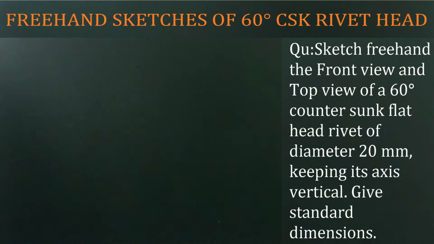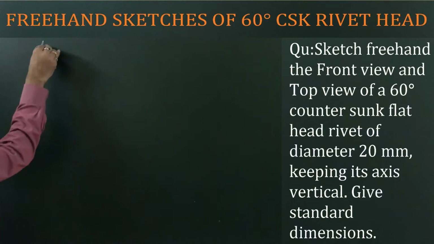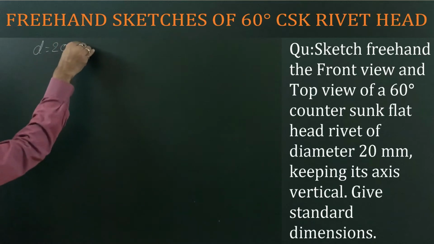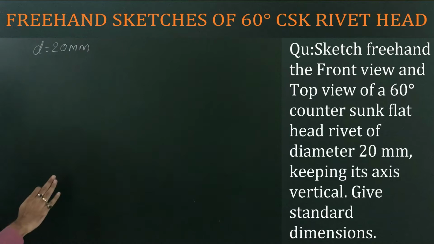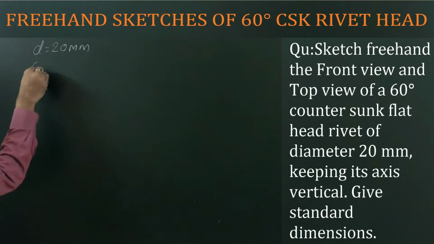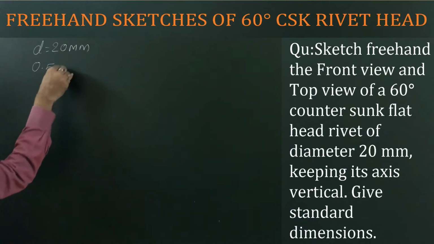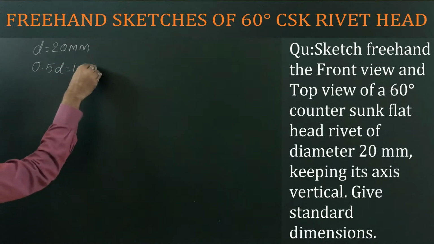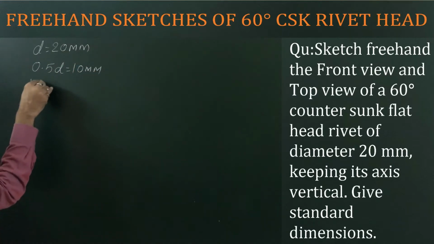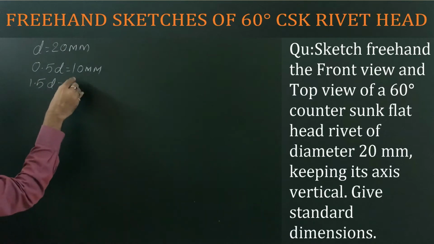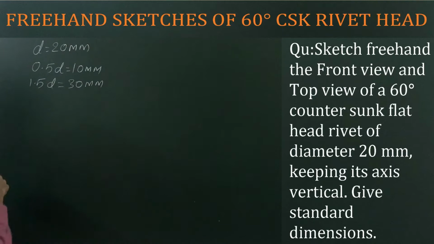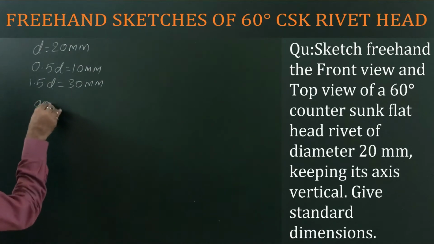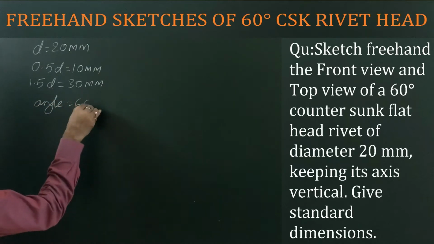So the given diameter for the rivet is 20 mm, D is 20 mm, and for 20 mm we are required to calculate all standard dimensions. So for 60° CSK, 0.5D for 20 mm is 10 mm, and 1.5D will be 20 into 1.5, 30 mm, and the angle is 60 degrees.